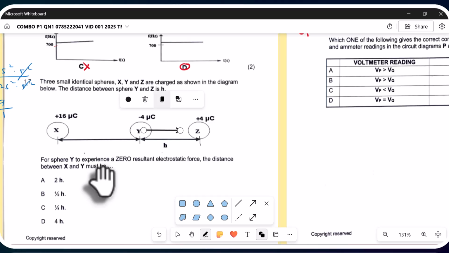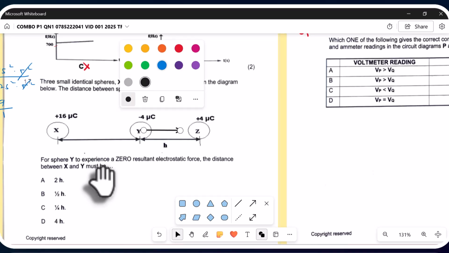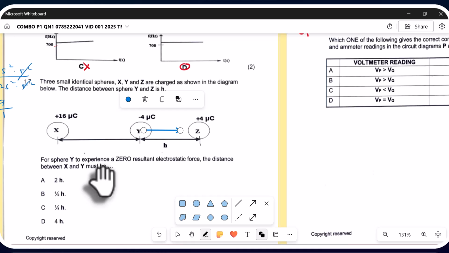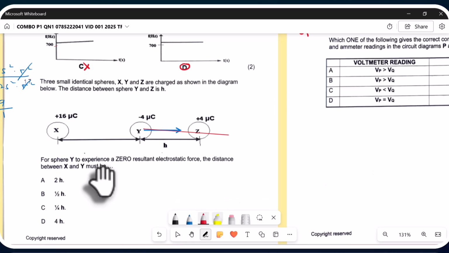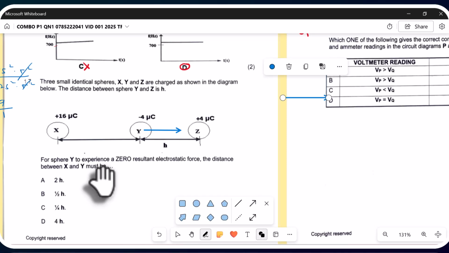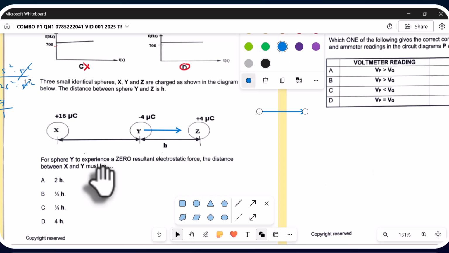This arrow shows the force of attraction of sphere X on sphere Y. Because they said it is zero, these forces must be equal, otherwise it will be moving.